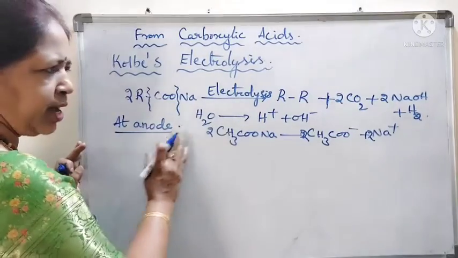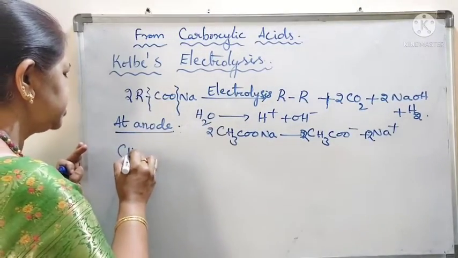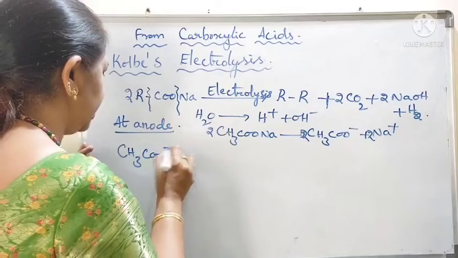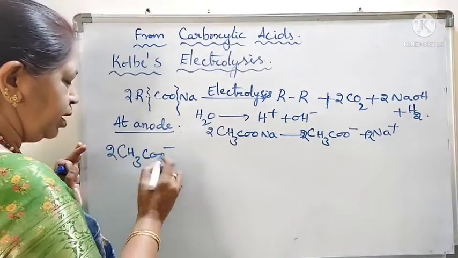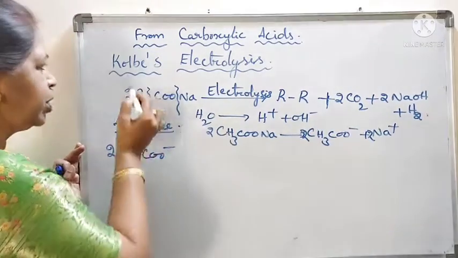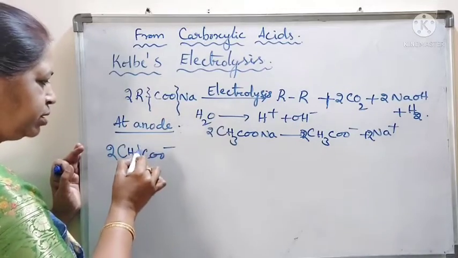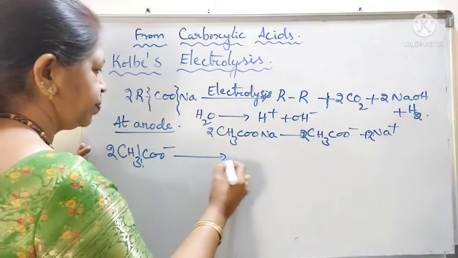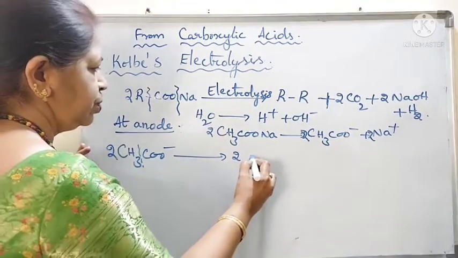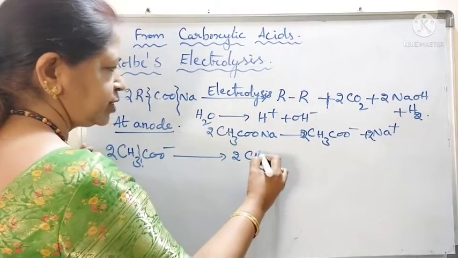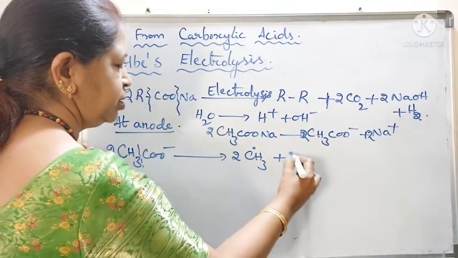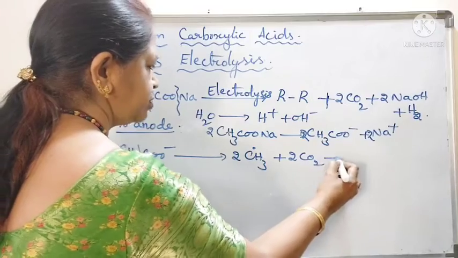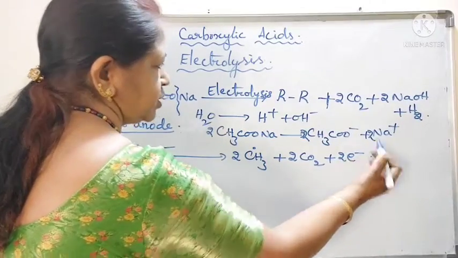So the reaction at anode is CH3COO minus. Here this bond is broken. This bond we should break. So we get 2 alkyl free radicals, 2 methyl free radicals, 2 carbon dioxide molecules with the evolution of 2 electrons.